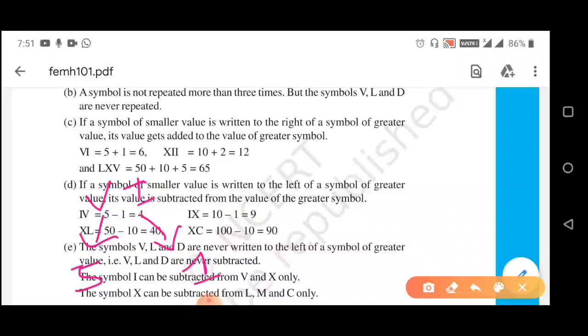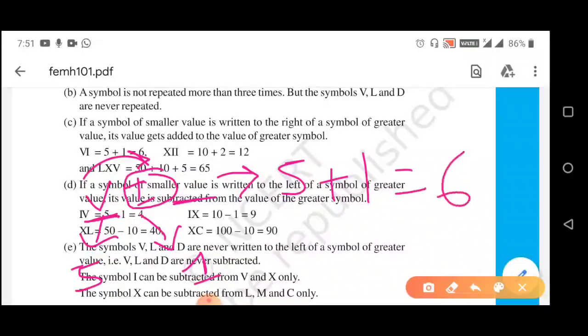So, a symbol of smaller value is written to the right of a symbol of greater value. So, I is written on the right side of V. So, its value will be added. So, here it will be 5 plus 1. So, it will be 6.